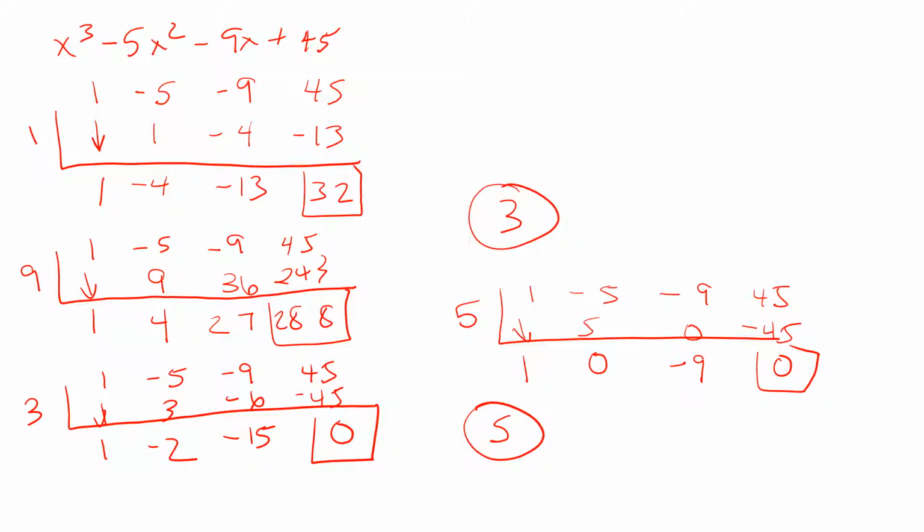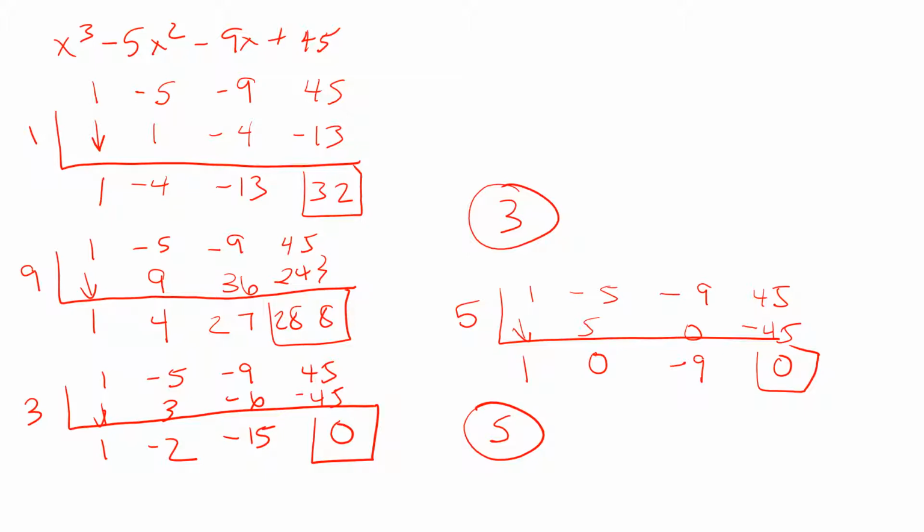So I can go back to my list and find the third rational zero by guessing and checking again. We haven't checked any negative numbers here, so let's check negative 1.